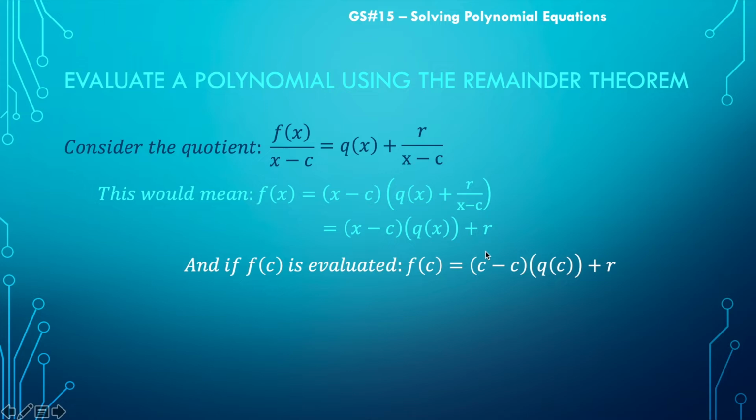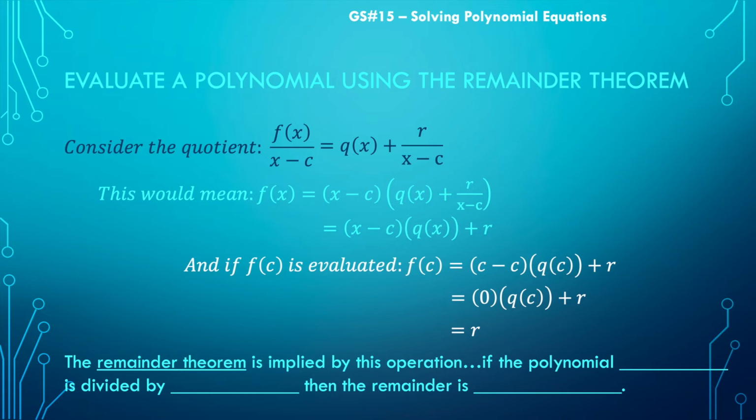That c minus c becomes 0, and 0 times anything is just 0, and so f of c would just end up being r. So if I'm evaluating f of some number c, I would get whatever I got as the remainder when I divided by x minus c. That's interesting, and that is something we can use.